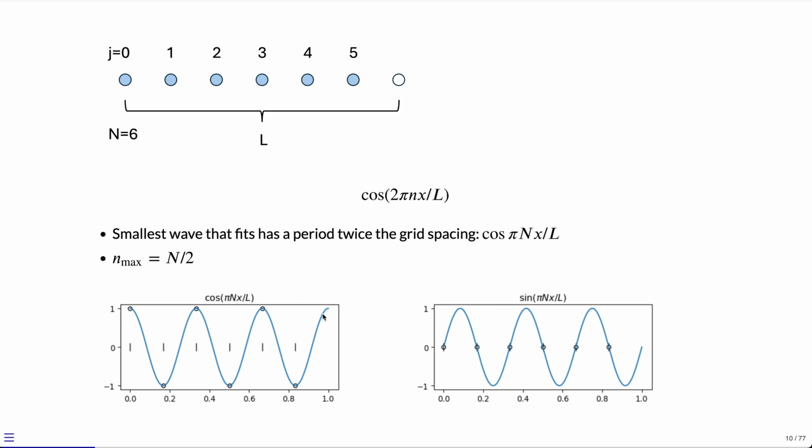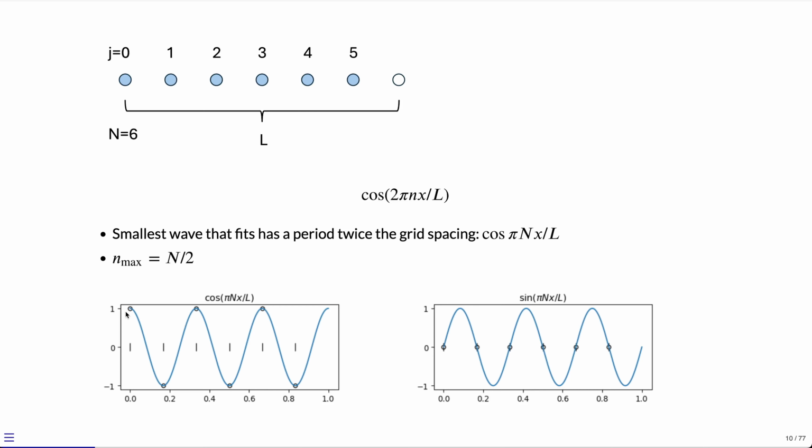And it turns out that the maximum number of periods that you can fit on a domain with big N grid points is equal to big N over 2. And you can see that here. So we go from 1 to minus 1 to 1 to minus 1, 1 to minus 1. That's as much as you can fit on a grid.